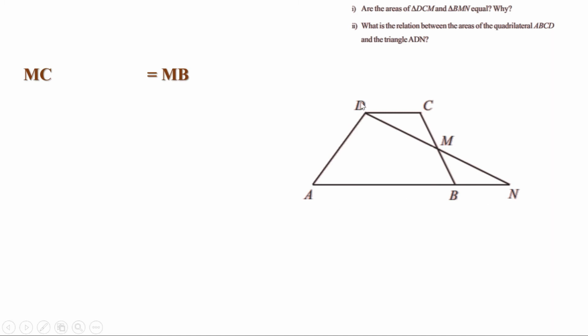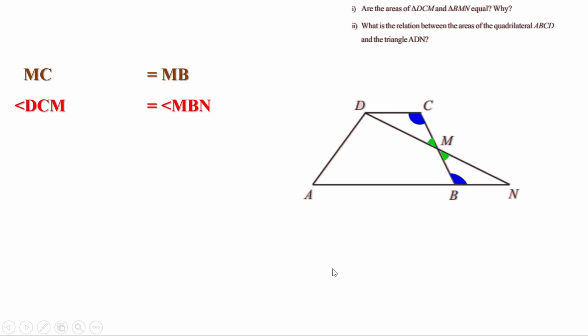Also given that AB and CD are parallel. These are a pair of alternate angles formed when the lines AB and DC are intersected by BC. Therefore, they are equal. That is, angle DCM equals angle MBN.